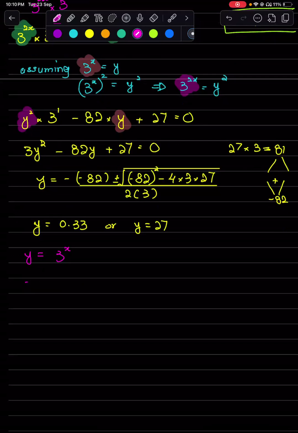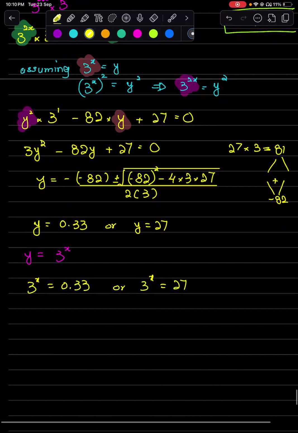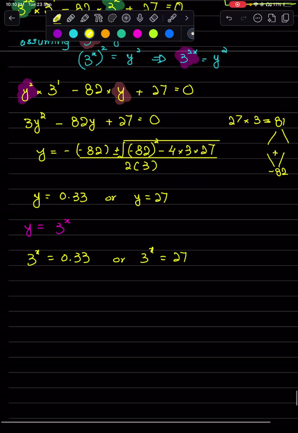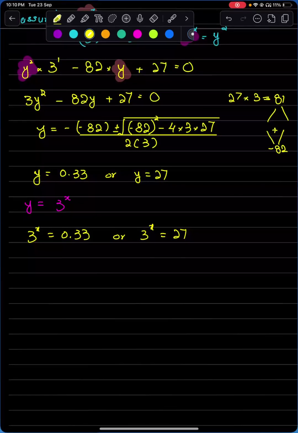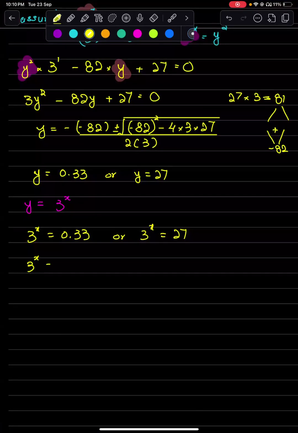So that is 3 raised to power x is equal to 0.33, or 3 raised to power x is equal to 27, right? Now 3 raised to power x, I need to find the value of x basically.